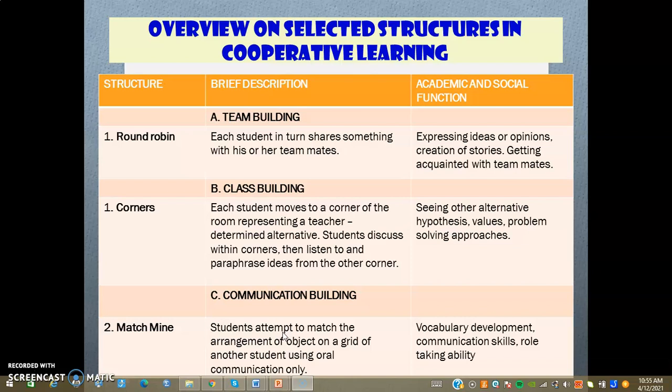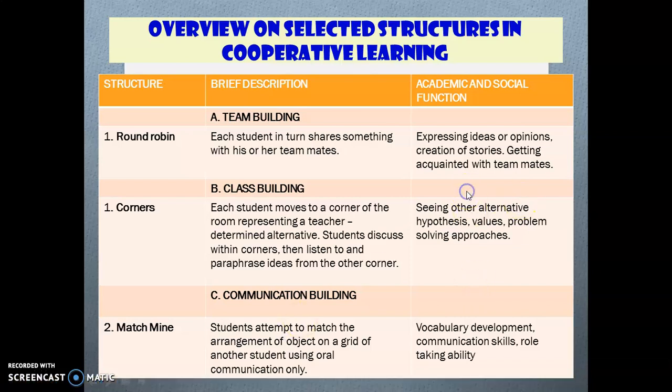Let's say for example, student B says, draw a circle, two circles. Through listening, student A will follow that. So student A will also draw two circles. After that, you check the output, whether student A really followed student B's instructions. So that's one way to develop the communication skills of your learners.